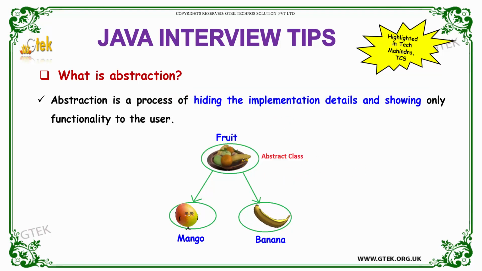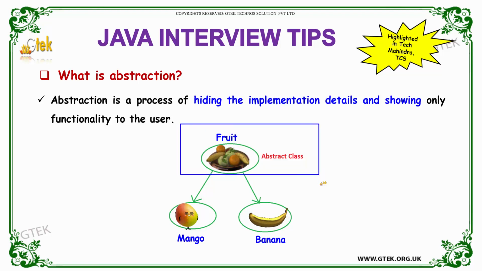To say in simple terms, your abstract class will be combining the functions of each and saying it as fruits. But when we take it in specialization, we can say that it can be a mango or a banana. So that is what abstraction is about. Hiding the implementation details and showing only the functionality to the user.